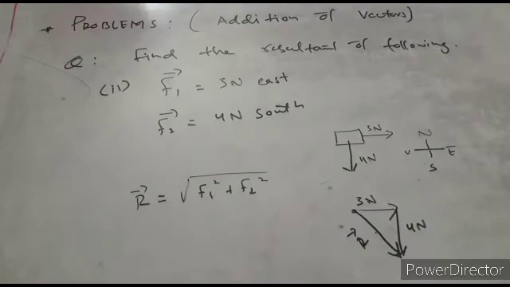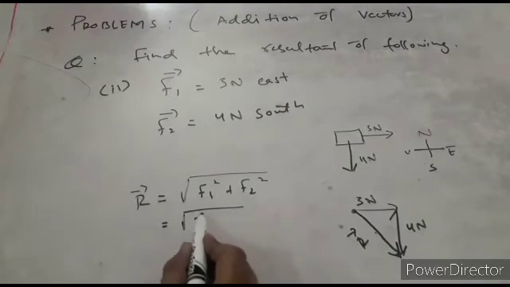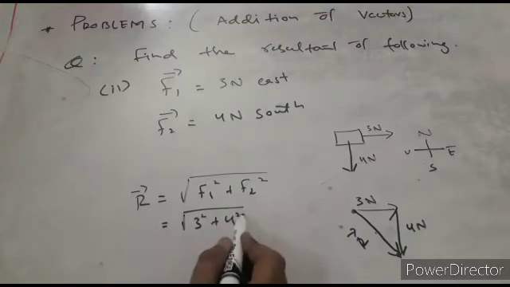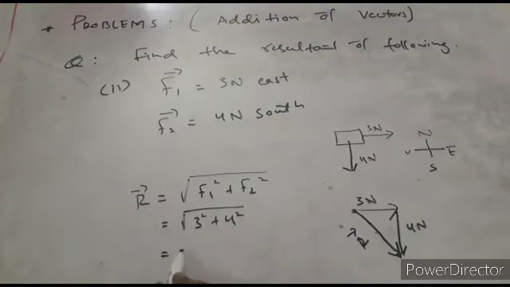This is the formula. We just put the values over here, and we get the value 5 after simplification. But it is just the magnitude of the resultant vector, not the direction.